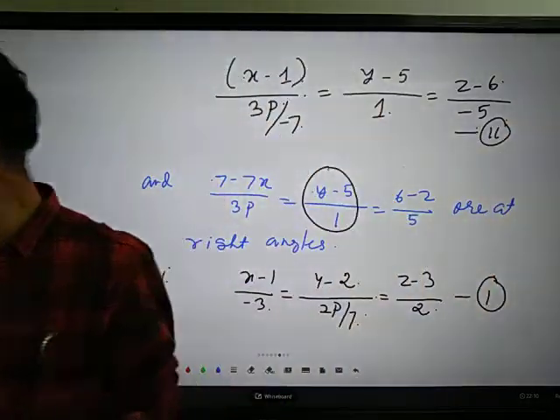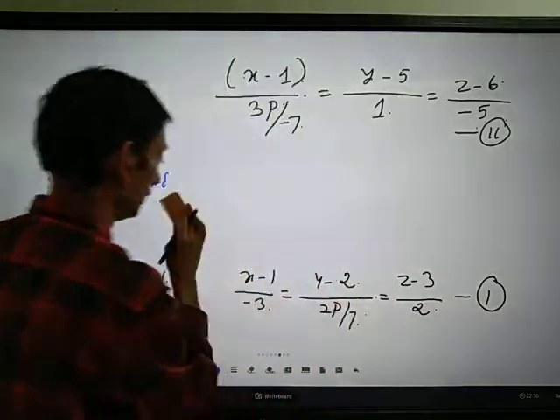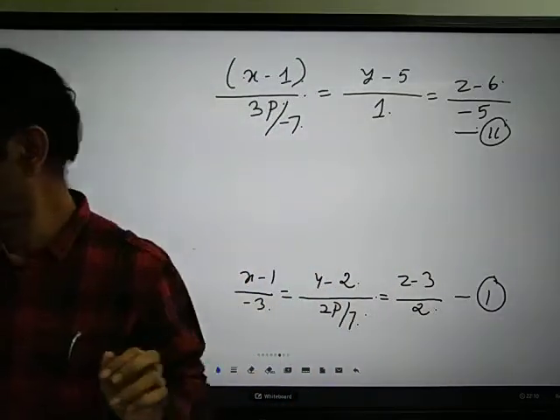Now the angle between these two lines is 90 degree.